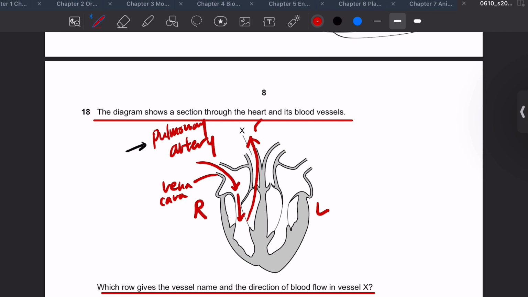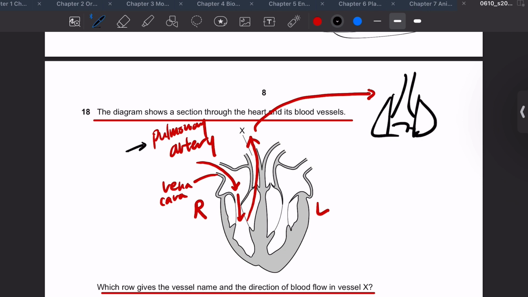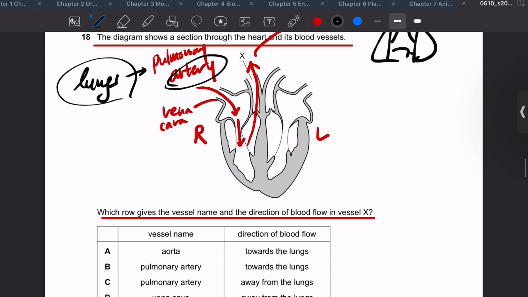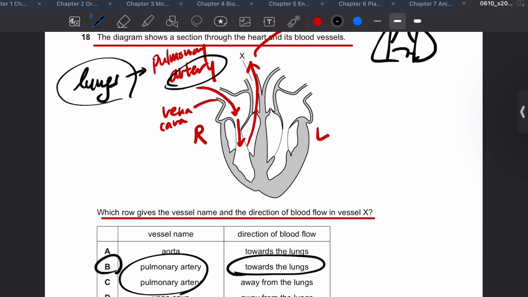So the blood will now go to the lungs. So X is pulmonary artery, and the blood is now moving towards the lungs. So the answer should be B.